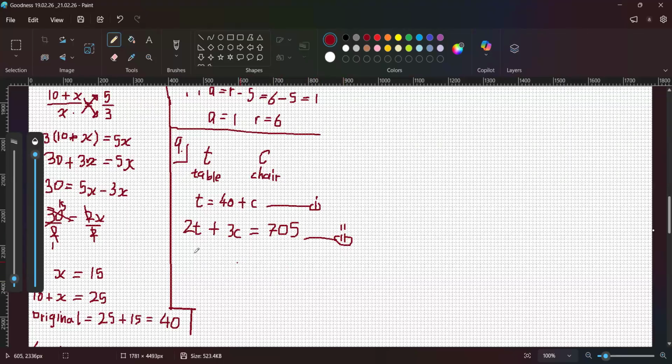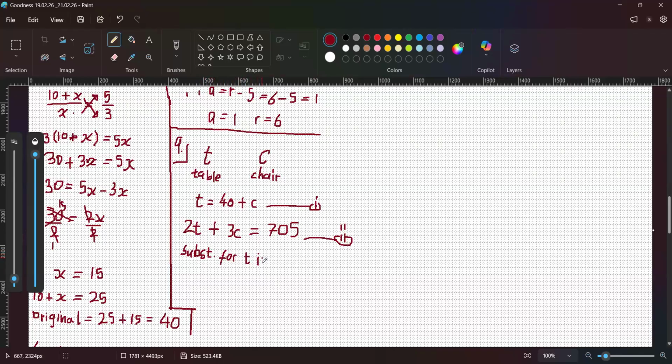So we're going to substitute for T in equation 2.